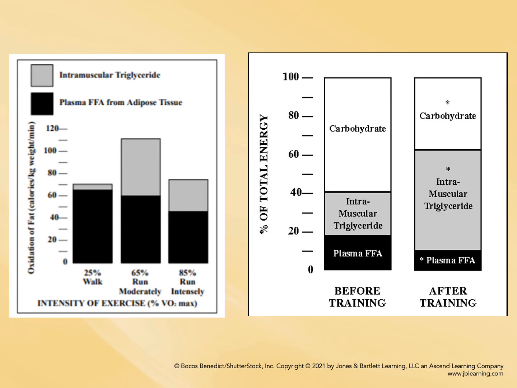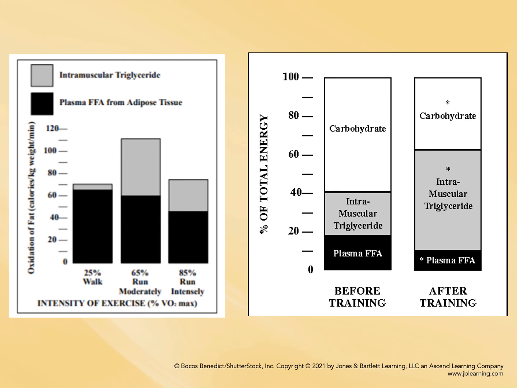a greater contribution of intramuscular triglycerides to the energy production. And as you would anticipate, as I indicated in the previous slide, at 85% of VO2 max, you have a greater reliance on carbohydrate, a lower reliance on fat.